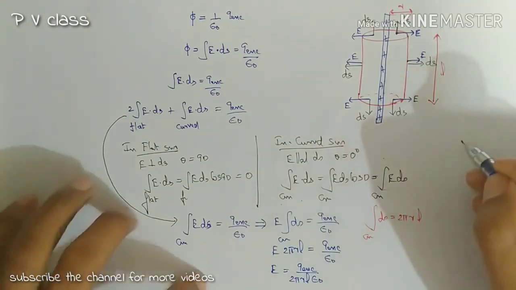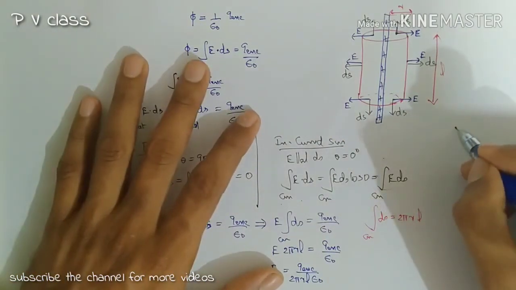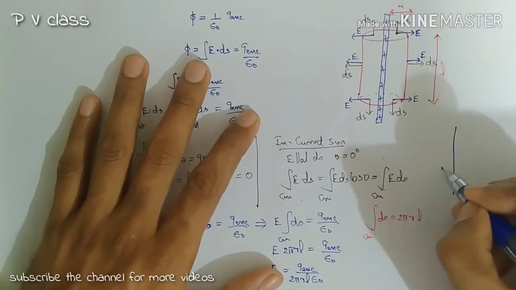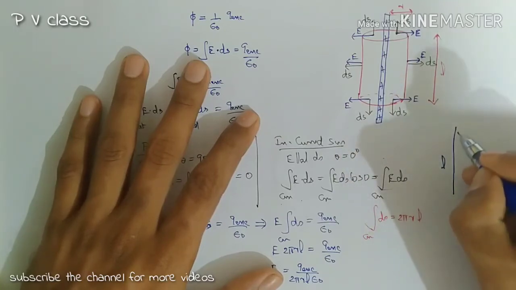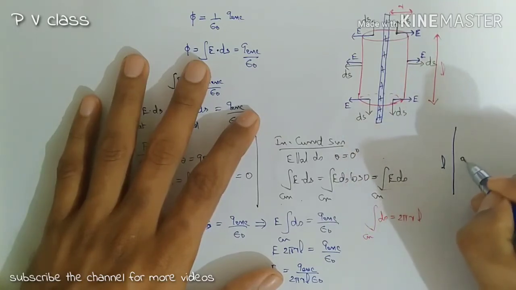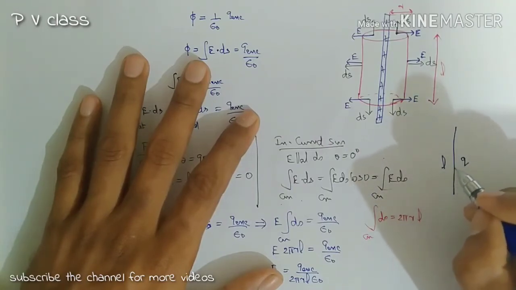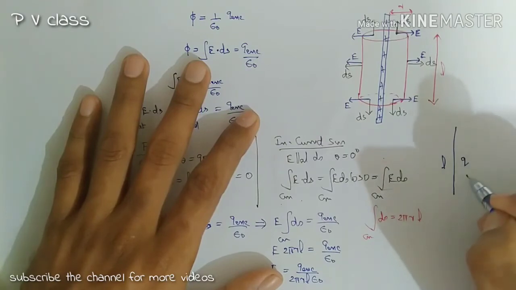Then pay your attention over here. Assume that this is a line charge. This is a line charge which is having a length L, and the total charge of this line charge is Q. L is the length of the line charge, Q is the total charge on this line charge. Then we could define a term lambda.